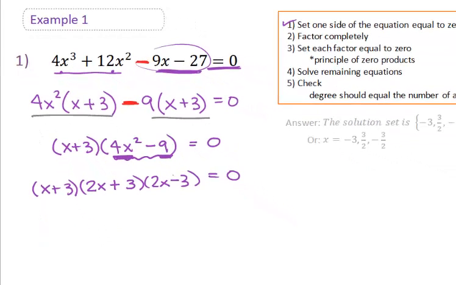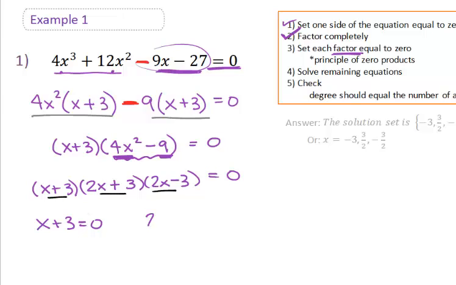Now, at this point, we are finally factored completely. So what we do here is we set all factors equal to 0. Since I have 3 factors here, I set each one of those equal to 0. So the first one, x plus 3, is equal to 0.